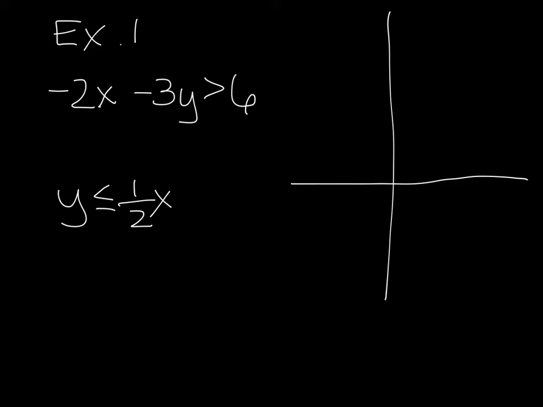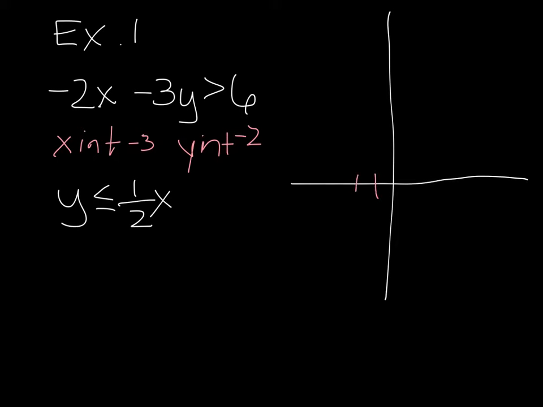The first inequality is set up for x and y-intercepts. So the x-intercept is negative 3, and the y-intercept is negative 2.